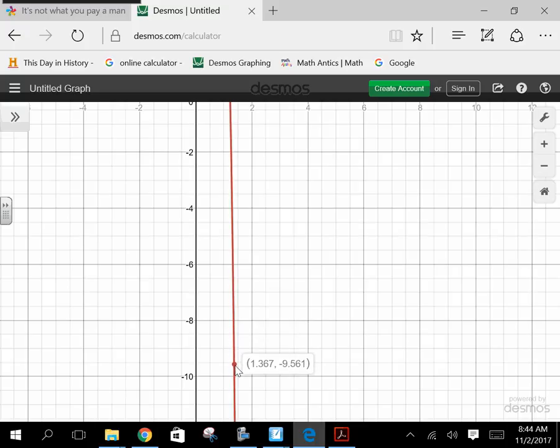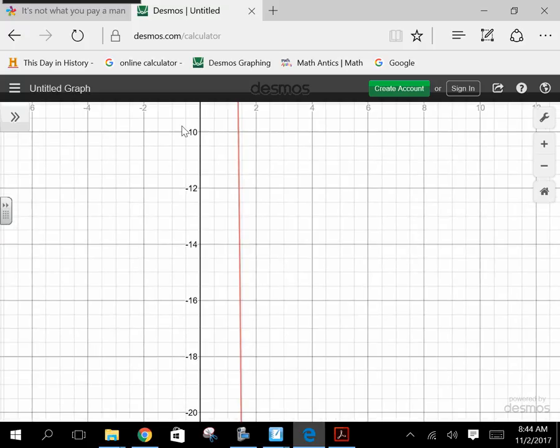X is getting bigger because I'm going this way on the x-axis, but the function is actually getting infinitely smaller, smaller and smaller. Now I'm at -8. Look at the y values, or I should say f of x values. Here's x, here's f of x. As x gets bigger, f of x gets smaller, in other words, more and more negative. So x is getting larger. As x gets larger, the function gets smaller.